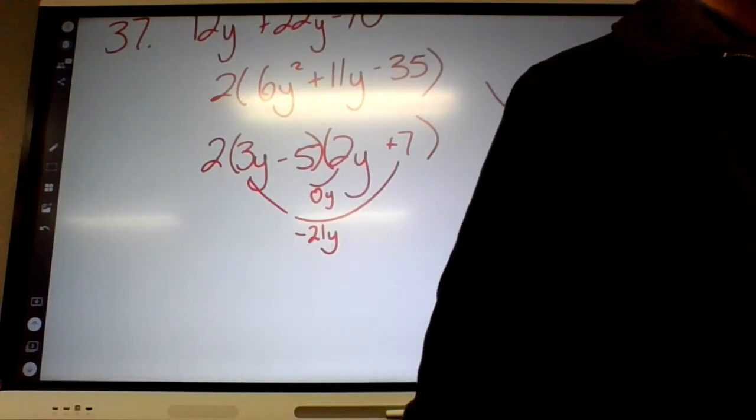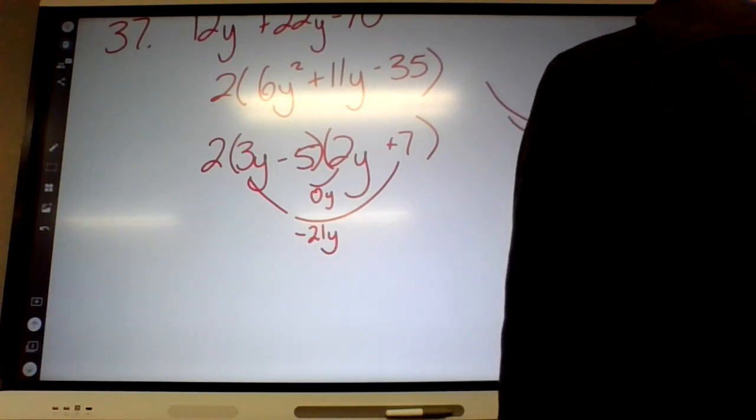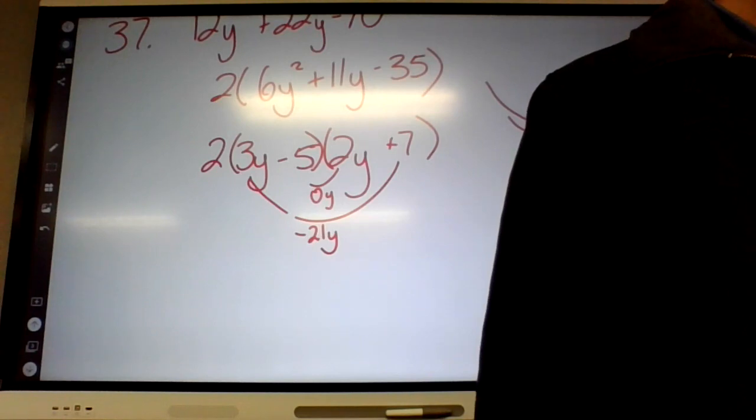Okay, remember 2 primes. I'm going to help you guys on 26. What can we do on 26? It's a square plus a square. Is that factorable?